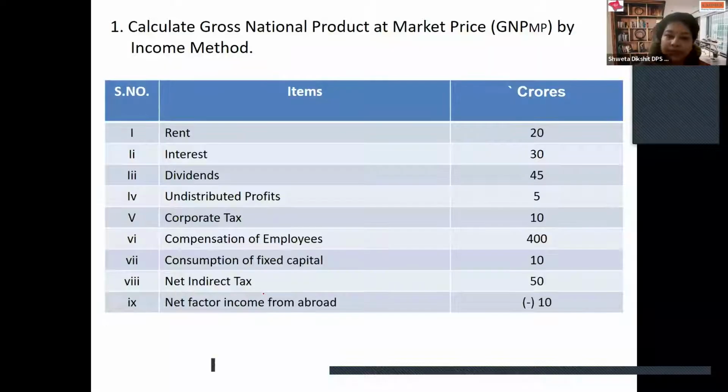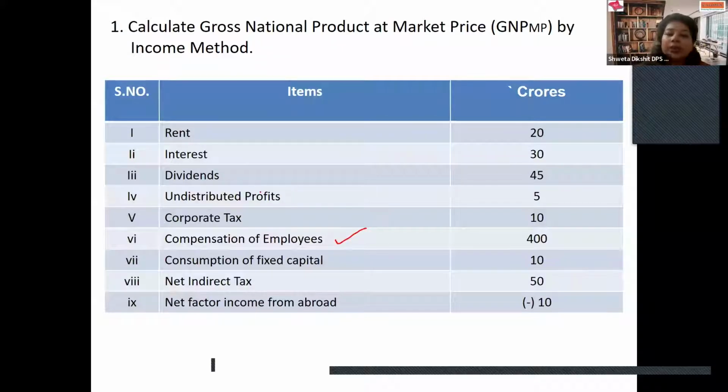There's a question for you. I just told you that COE is generally directly given. You can see in the question also it is directly given. Then comes mixed income of self-employed. In this question, you cannot notice mixed income of self-employed. That means mixed income is zero. Whatever component as per the formula is not given, the value has to be taken as zero.